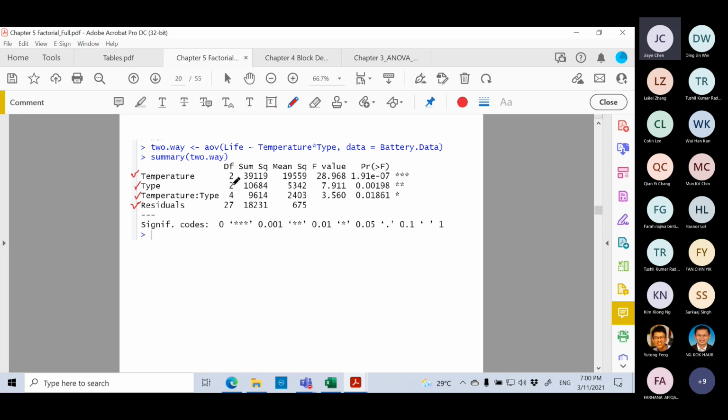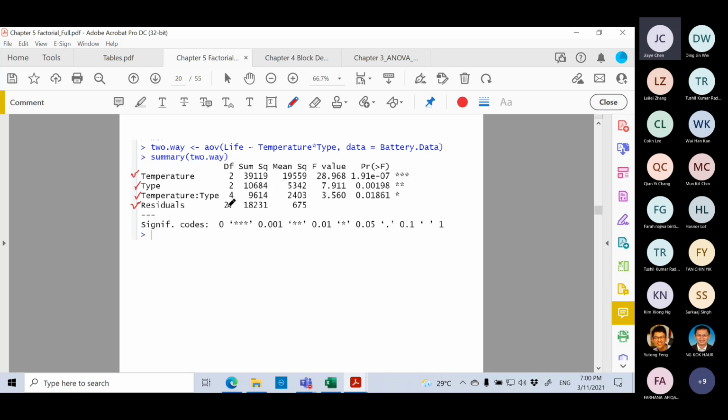So the degrees of freedom for each one: the material type has three levels, therefore the degrees of freedom is 2. The second one is type, which also has 2. Then the temperature interaction with the type is (a minus 1) times (b minus 1), therefore 2 times 2, you get 4.